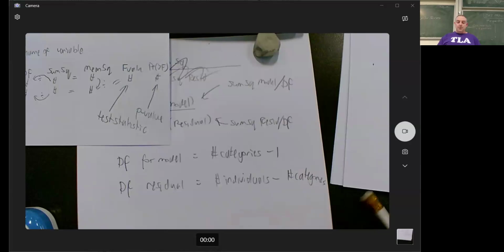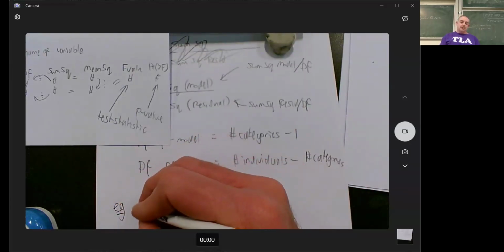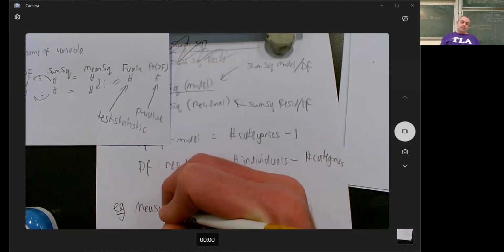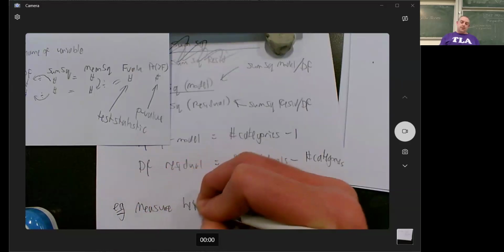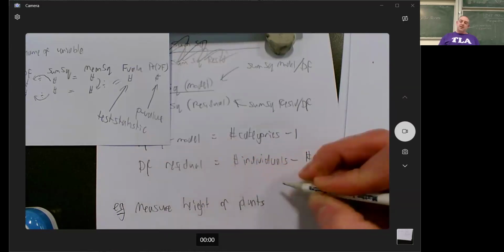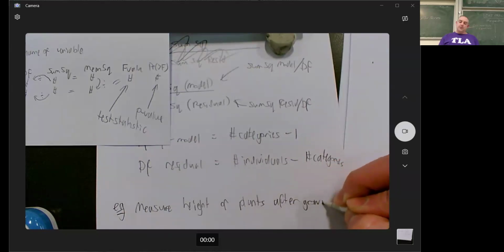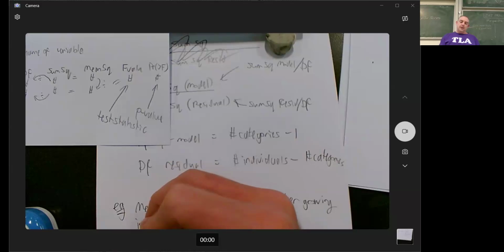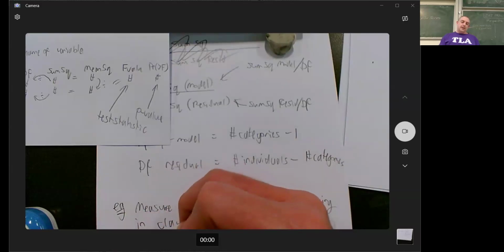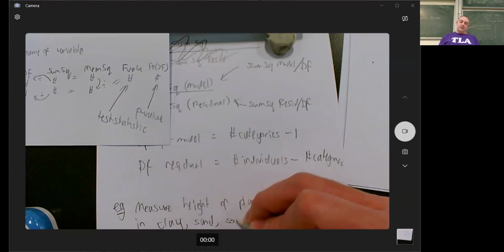So, for example, measure height of plants after growing in clay, sand, and soil.